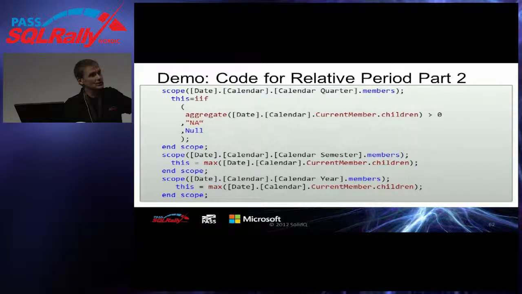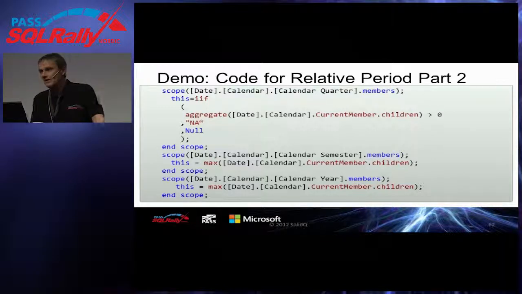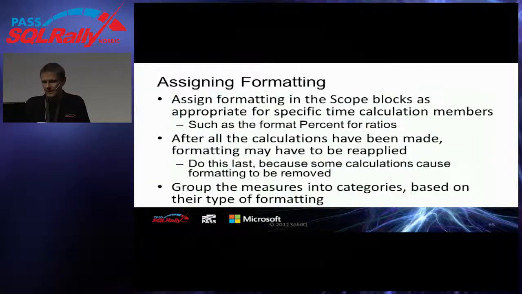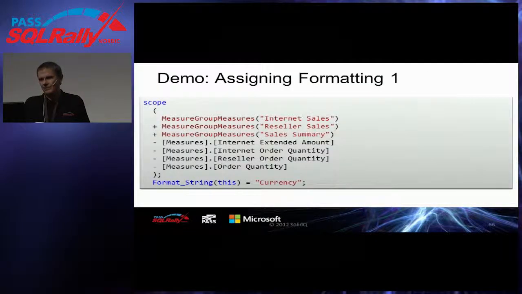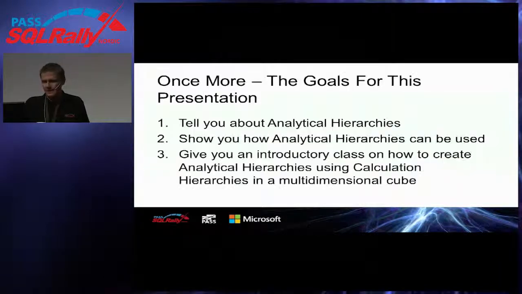What I like to do is show NA in places where there is a value at the lower level, but if there's not a value, I want it to be null. And this sample code does that. And I have code in here for a ratio. I have code in here for assigning formatting, which is what I do at the end. And then once more, I told you about analytical hierarchies.